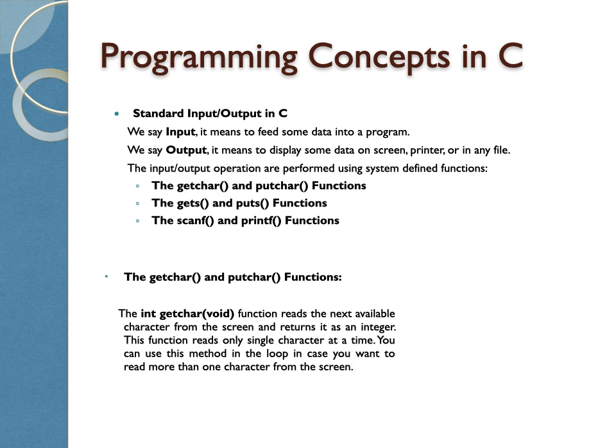Now come to the getchar and putchar functions. First getchar. As its name indicates, get means you are receiving something, you are receiving information, and this function does the same. This function reads a character from the terminal, from the runtime environment, and it reads only a single character at a time. You should remember this, single character.